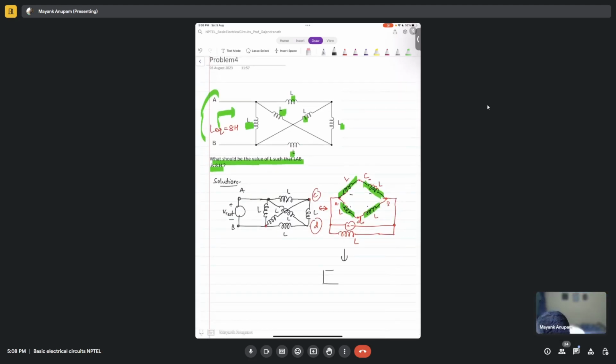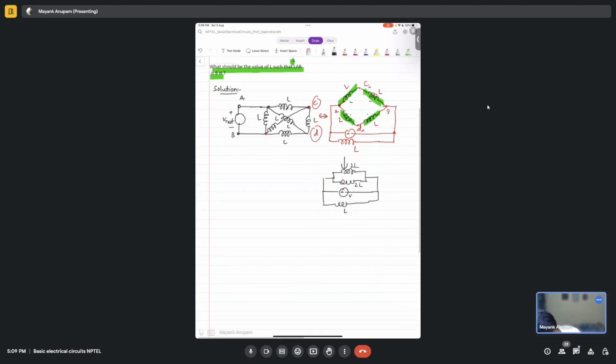So this is L, this is also L, then this is the voltage source. This is 2L, this is also 2L. We also have an inductor here of value L. This was V test.